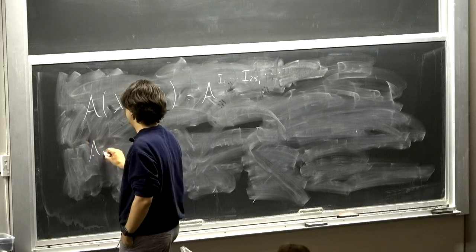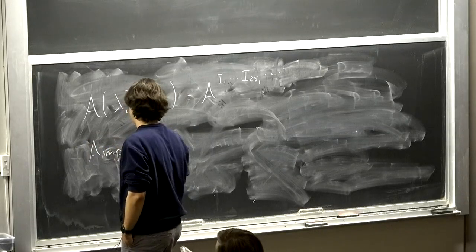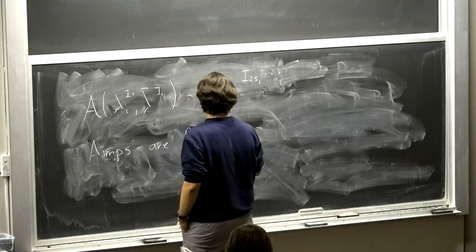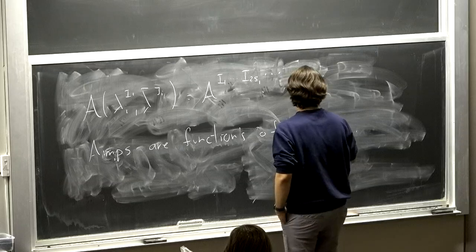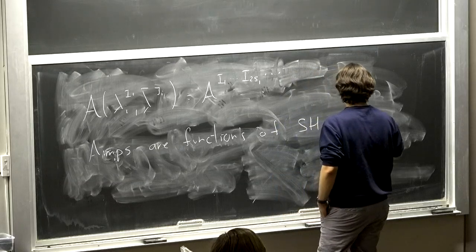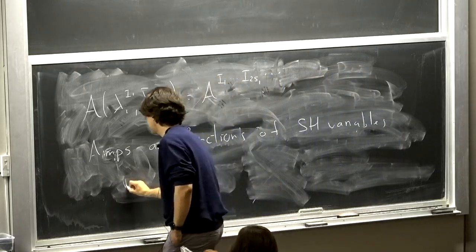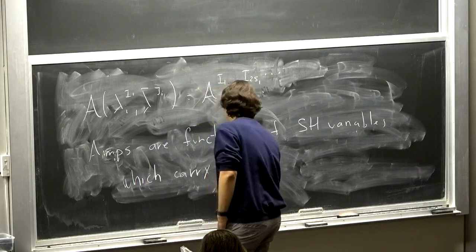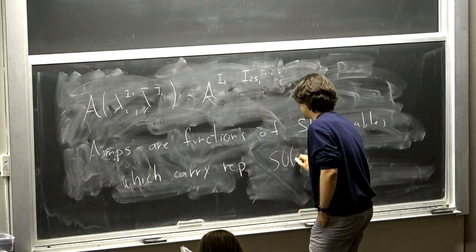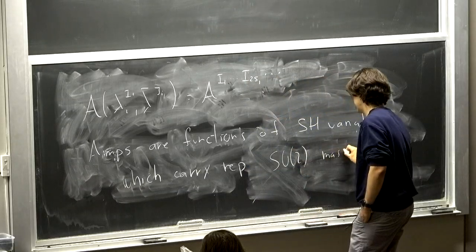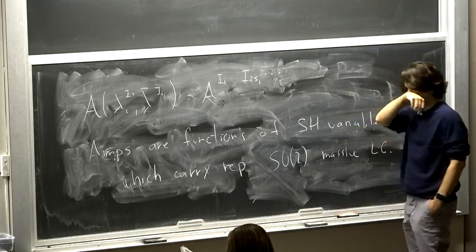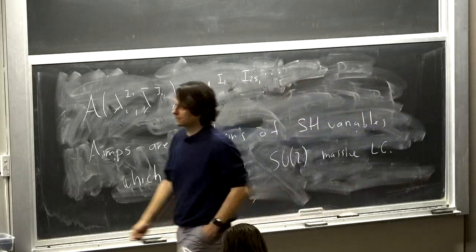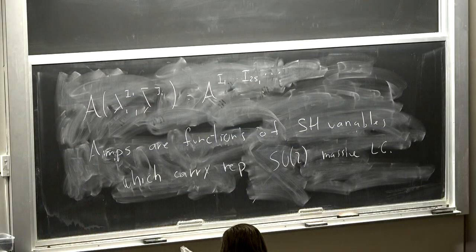So, okay, amplitudes are functions of spinor-helicity variables which carry here a representation of this SU2 massive little group. I think I had some exercise somewhere here. Let me check.